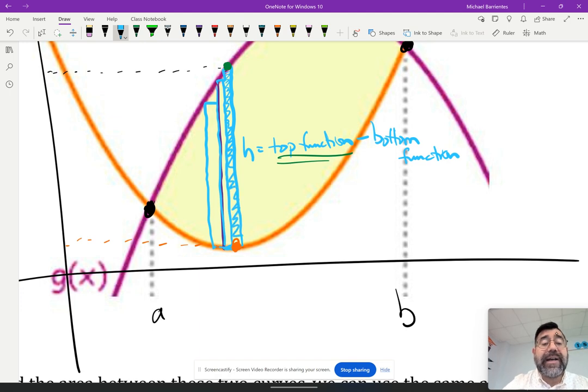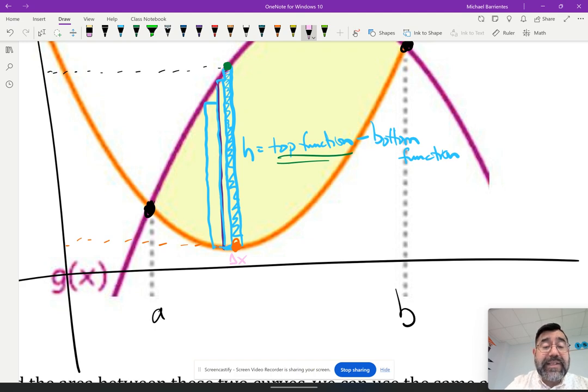So in order to find the area of just one of these rectangles, we're going to find the height times the width. Now the width is going to be my delta x, the change in x, which is really, really thin, right? It's going to become infinitesimally small. And so we're going to multiply h, the height, times the width, which is this base, the delta x.